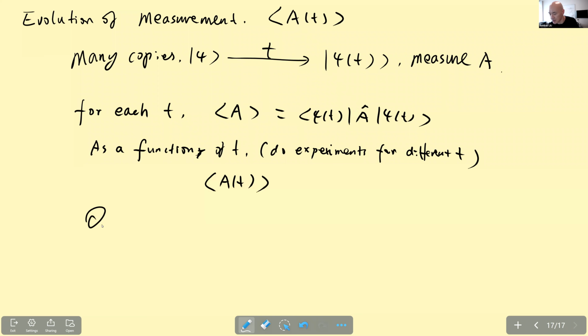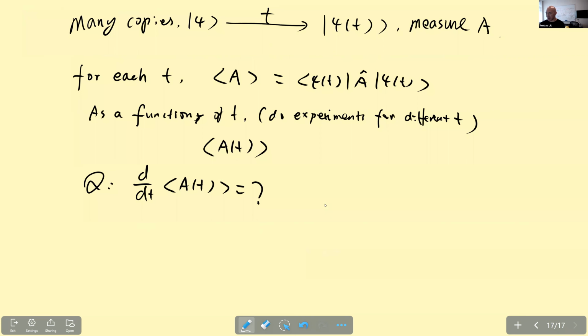So the question is, what is this one? And this actually will give us a very nice and beautiful result. So this is something that I cannot resist to tell you. Okay. And this one, of course, if you write down, it's actually pretty simple.